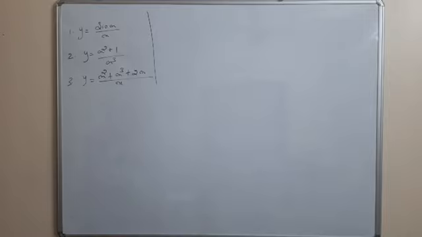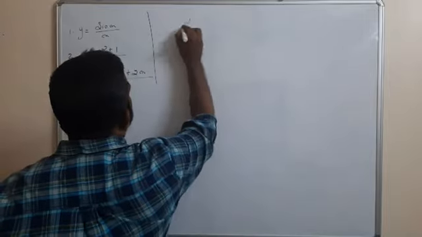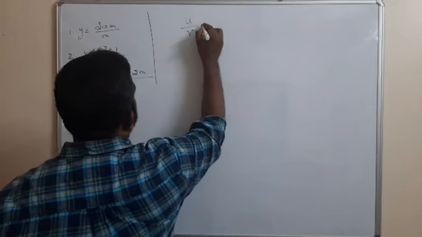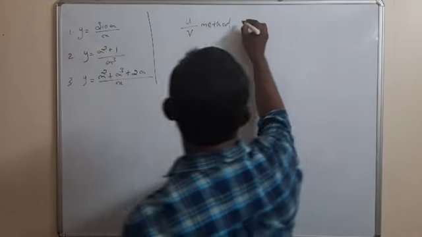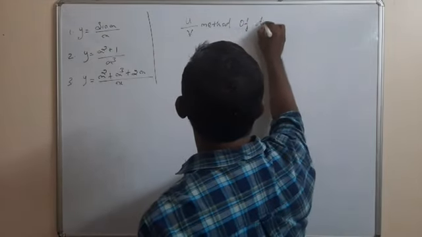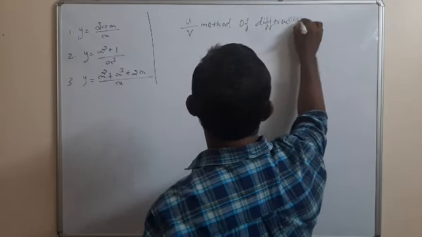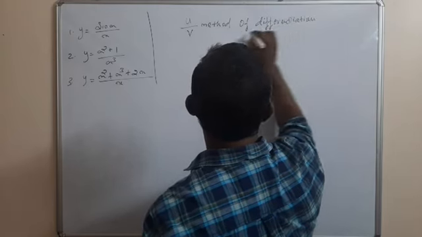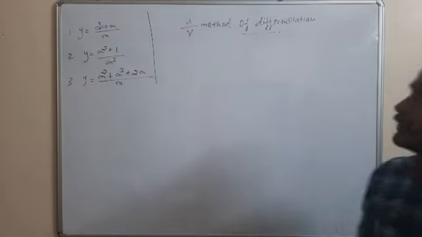So next is the u by v method of differentiation.